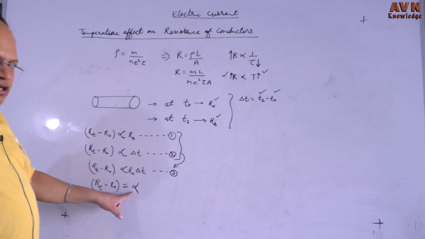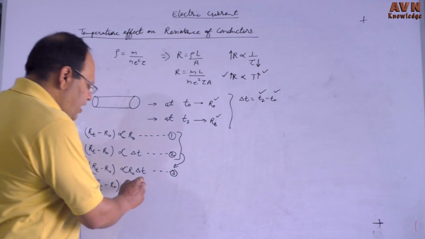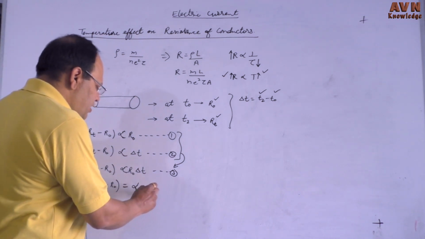Alpha is not a proportional sign, it is a constant, and we write alpha R naught delta T.